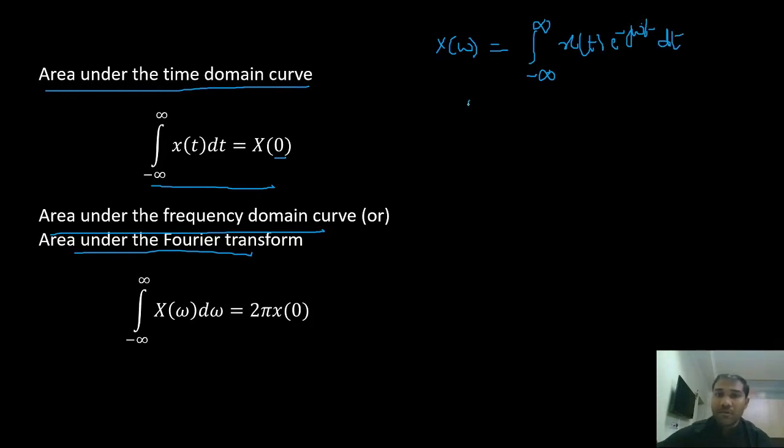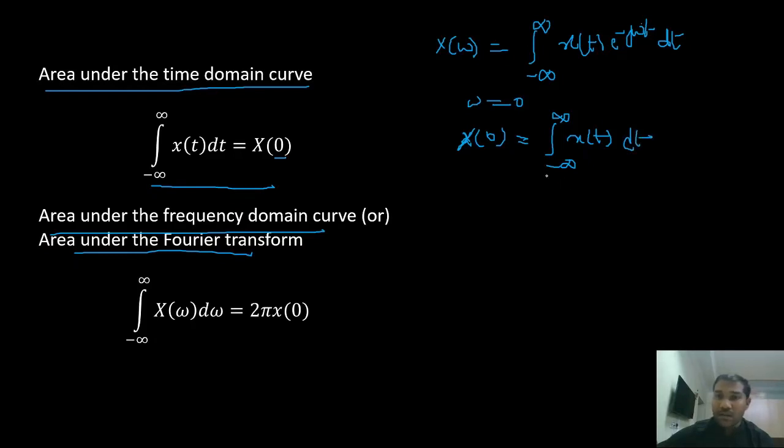Now if I substitute omega equals 0, what will I get? Capital X of 0 is equal to integral from minus infinity to infinity of x of t, e power j 0 t is nothing but 1, into dt.